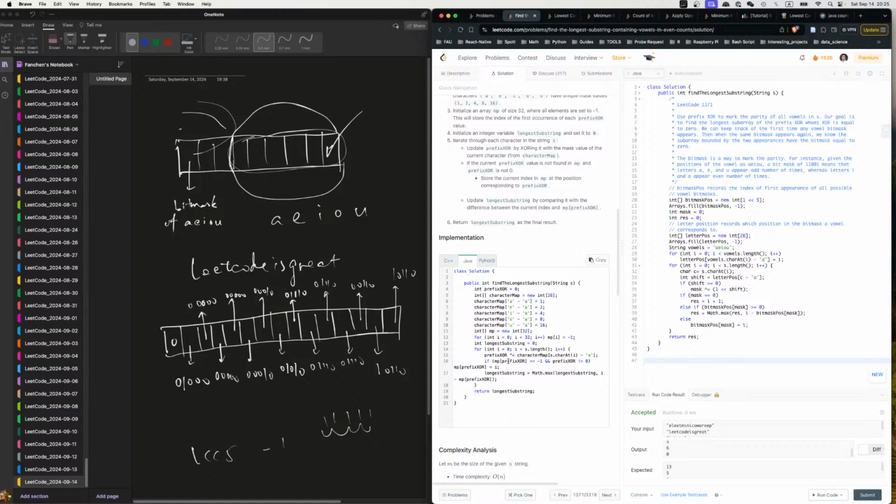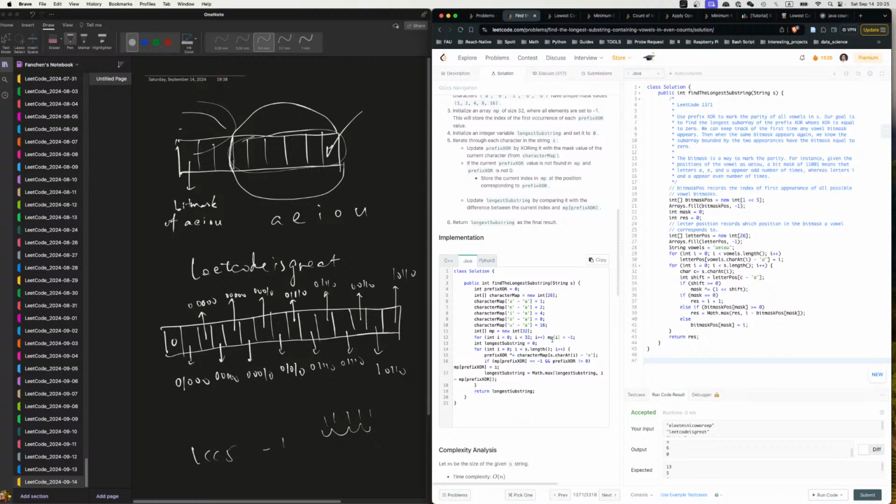Yeah, a prefix exclusive or the current character maps. Everybody else is 0 except for these guys. These guys are not 0. They just have different positions. So instead of doing a left shift, you get these. Okay, yeah, that's possible.